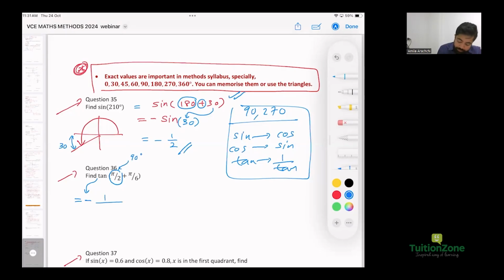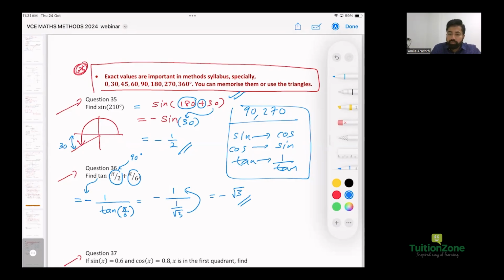So just write the answer with pi over 6: negative 1 over tan pi over 6. What's your tan pi over 6? 1 over root 3, tan 30. So 1 over 1 over root 3 gives you negative root 3.